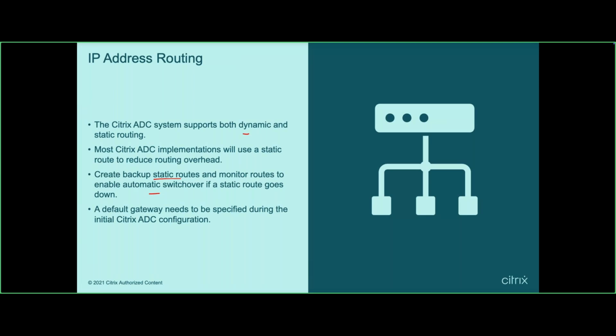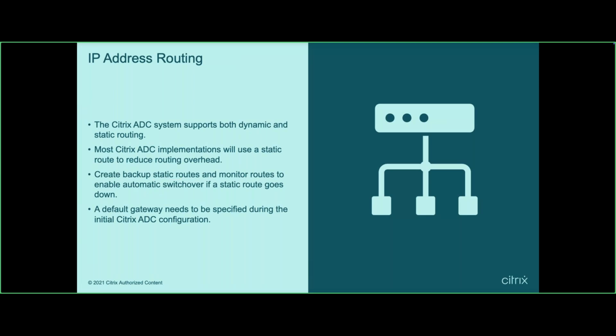So it can support Routing Information Protocol RIP version 2, Open Shortest Path First OSPF version 2, Border Gateway Protocol BGP, RIPng for IPv6, OSPF version 3 for IPv6, and also the ISIS protocol.